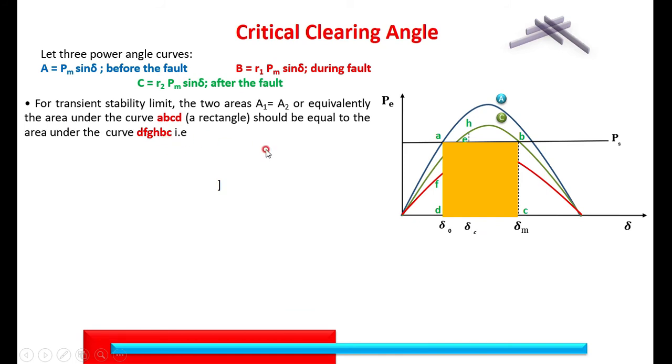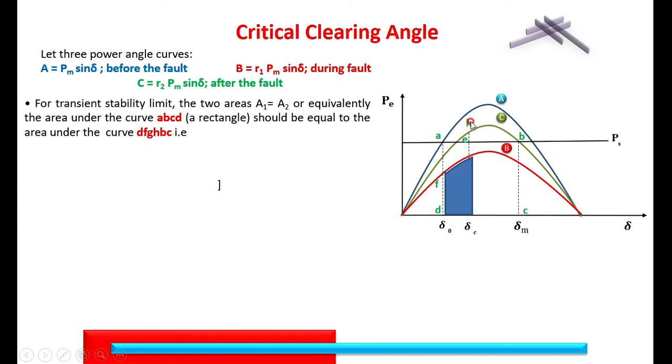What is that? We'll see here. Previously it is operating at this point, under healthy condition. Then the operating point is shifting to F. Then from F to G, it is at the point Z here.